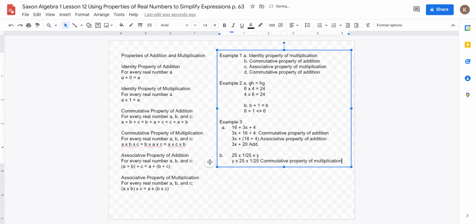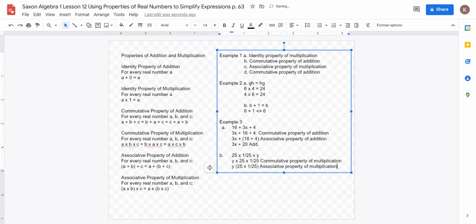So I need to move like terms next to each other, first step. Second step is I'm going to put the thing that I'm doing in parentheses. So I'm going to take 25 times 1 over 25. That's going to be my next step, is to multiply those two numbers together. So I'm going to associate them with each other to show that that's the next thing I'm going to do. That's the associative property of multiplication.